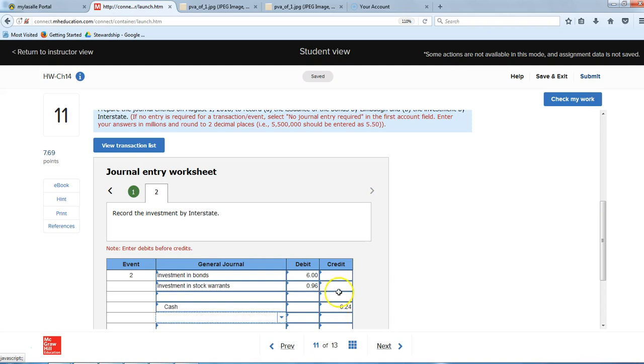So total debits is 6.96. Total credits is 6.24. We need the book number credit, but the name of that parking depends on the issuer. The issuer calls it discount. So here we also call it discount.